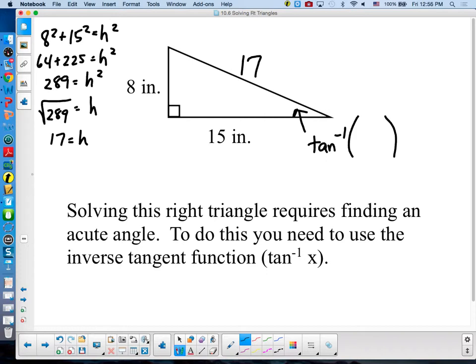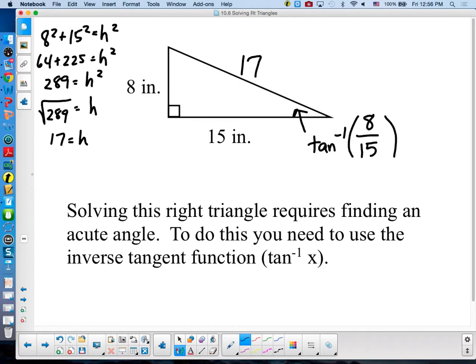Tangent is opposite leg over adjacent. So what's the opposite leg length from this angle? 8, and the adjacent leg? 15. Okay, so on your calculator, tangent inverse, you usually have to hit second or shift to get to that, either before or after, depending upon your calculator.